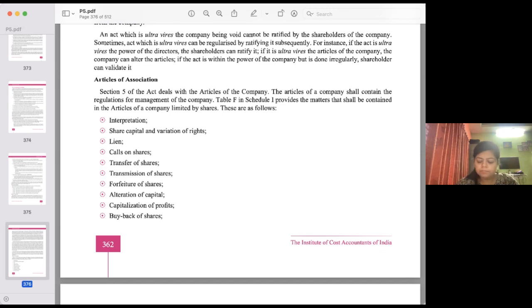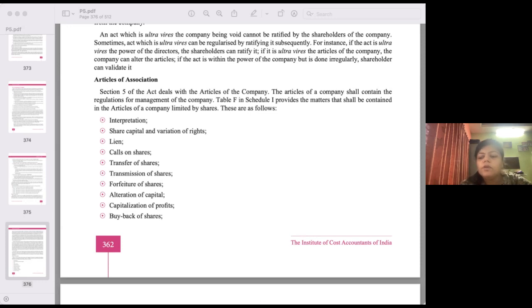When you write down the authorized capital of the company, you will be liable to pay a stamp duty on that.